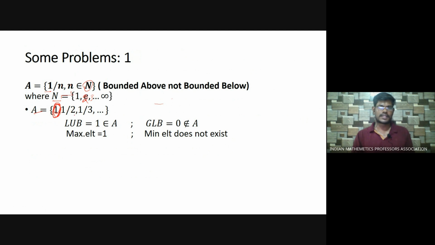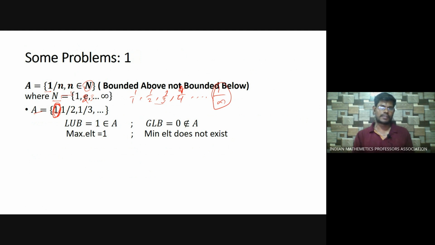This is a reducing sequence: 1, 1 by 2, 1 by 3. Here we have a maximum element value and we don't know about the minimum value. We can check 1 by 1, 1 by 2, 1 by 3, 1 by 4 up to 1 by infinity. We don't know this value.